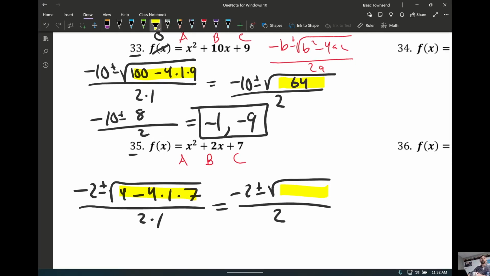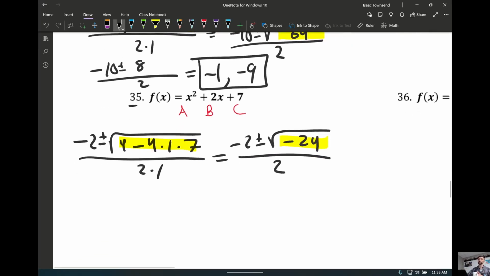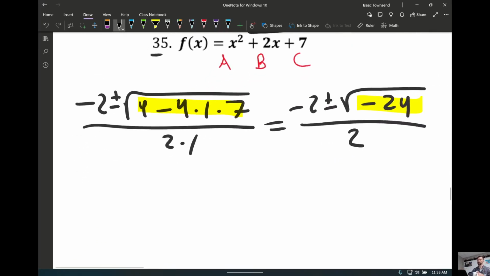So 4 times 7 would be 28. 4 minus 28 would be negative 24, which is not a perfect square. So we could bring out the negative as an i.